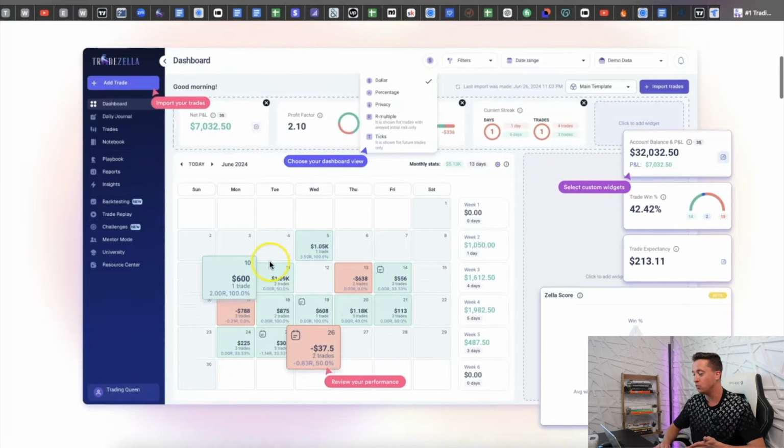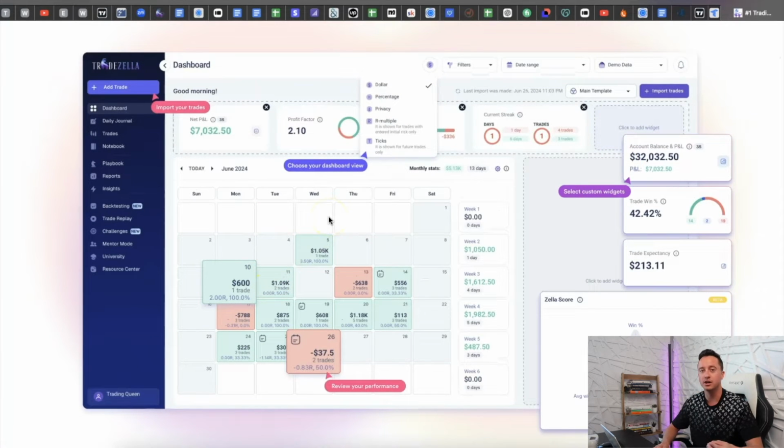What I really like about TradeZella is this dashboard with a calendar. It will tell you every day your profit or loss, your weeks. You can see your win rate, all the days you took a winning trade or a losing trade. There's just so much data on here that will help you perform better as a trader. So those are the three softwares.